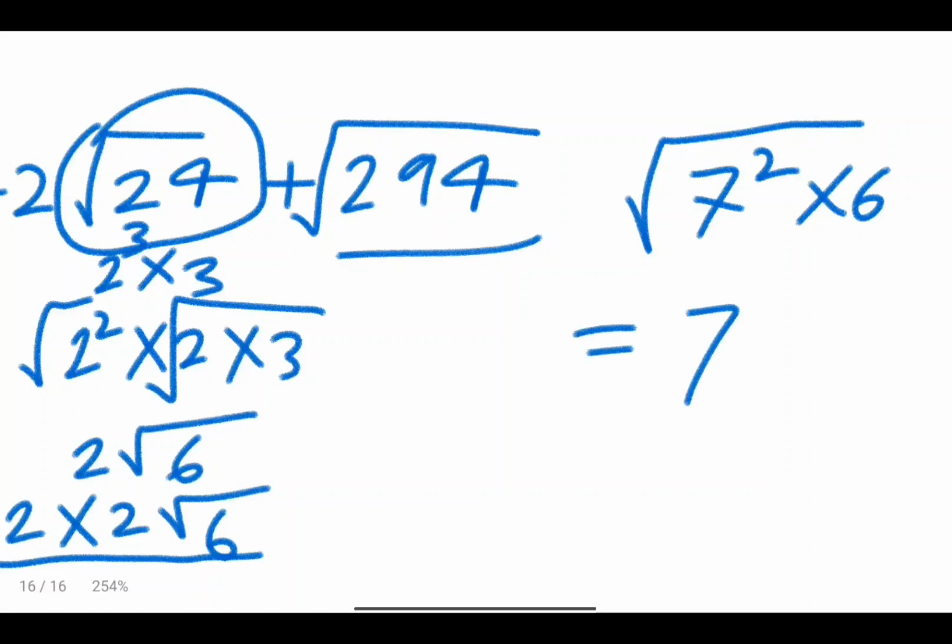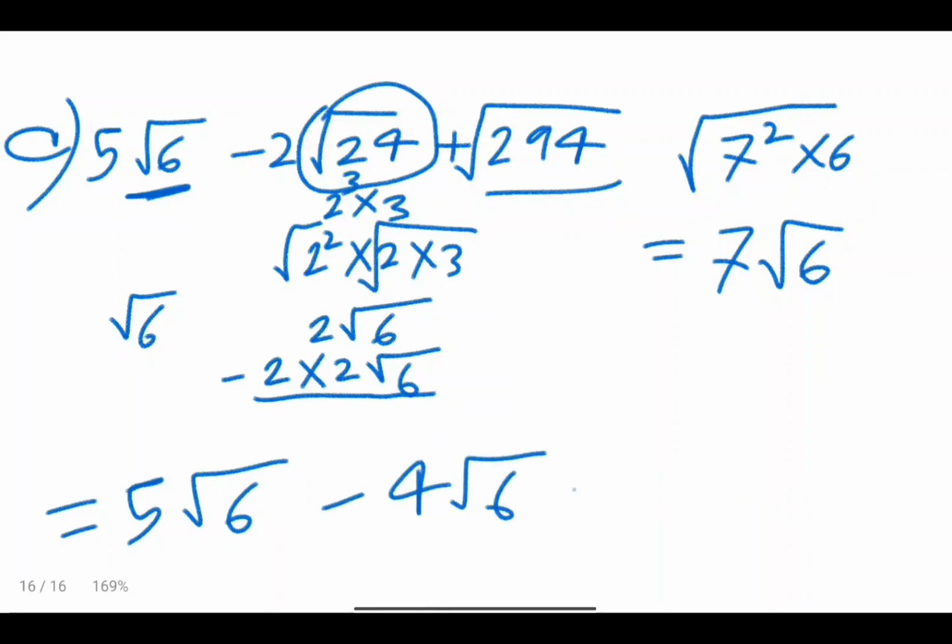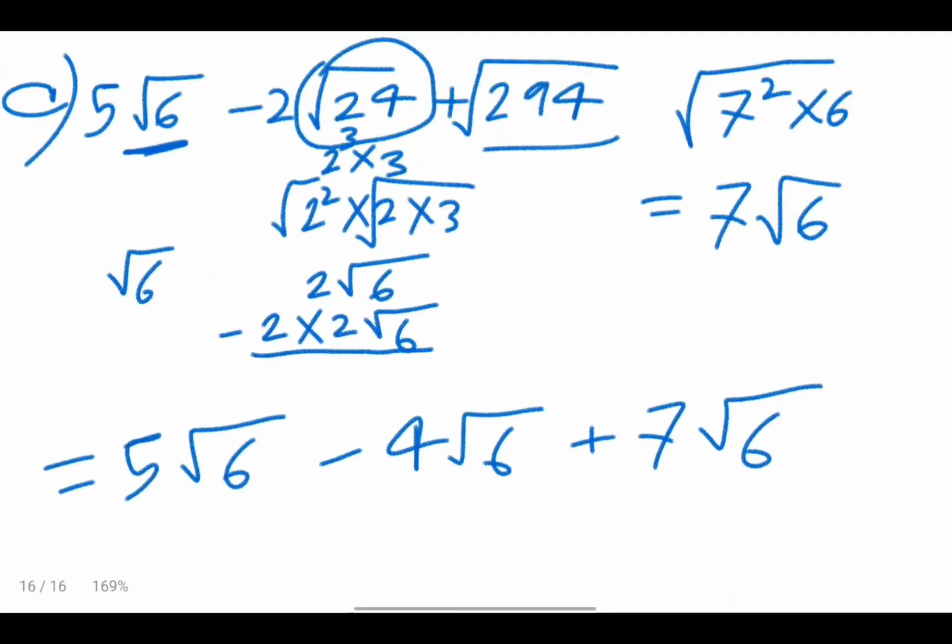So it turns to only 7 root 6. And we have only 1 root 6, or to write it much more simply, now it's a very easy calculation. The answer is 8 root 6's.